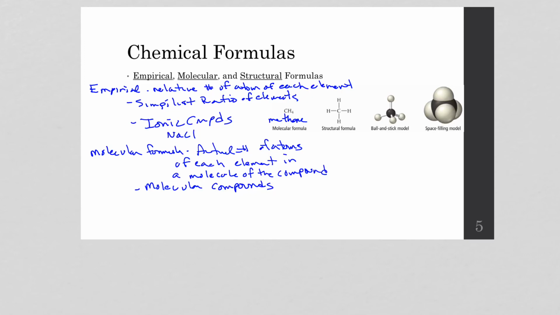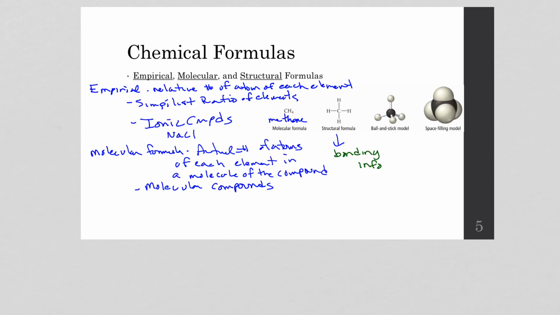Now, there are some other ways that we can show these formulas. These are alternative ways to show a molecular formula. We can show what's called a structural formula, which adds bonding info. It shows us which atoms are bonded to which other atoms. So in here I can see that the carbon is bonded to each of the 4 hydrogens.